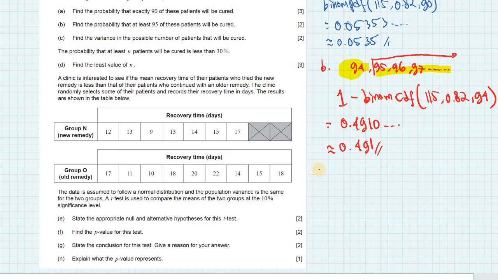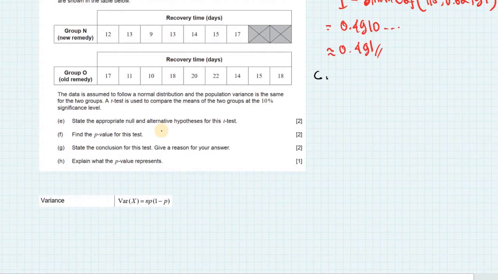Question C: find the variance of the possible number of patients that will be cured. This is the formula from your formula booklet: variance equals n, in this case the number of patients, times p, which is the probability, times 1 minus p.